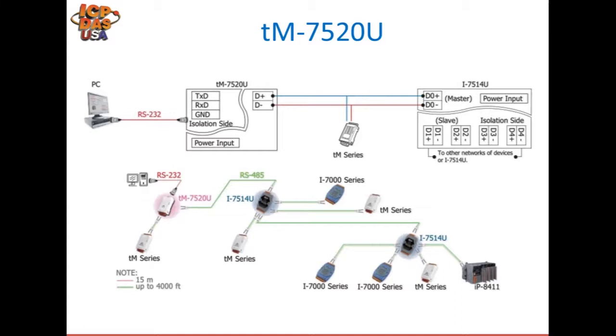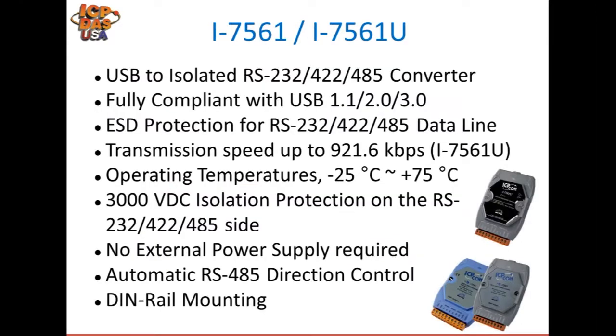Newer PCs don't have RS-232 ports, but we offer the I-7561, which communicates using the serial or USB port that's on these computers. The I-7561 and I-7561U for newer Windows 8 and 10 systems offer the ability to use USB 1.1, 2.0, or 3.0 ports.